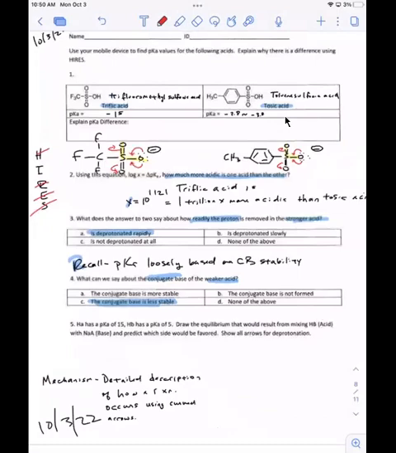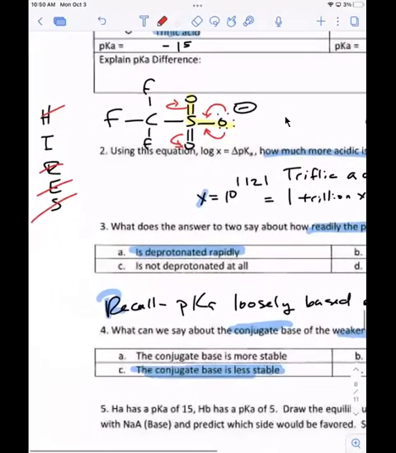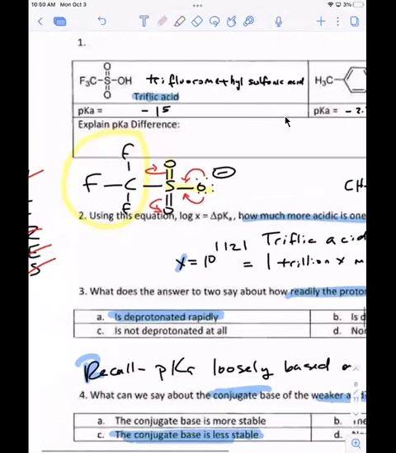What's the difference? The difference is here. Those fluorines make one heck of a vacuum cleaner, right? And all the electron density that's on oxygen, in addition to being delocalized by resonance, can also be delocalized by induction.